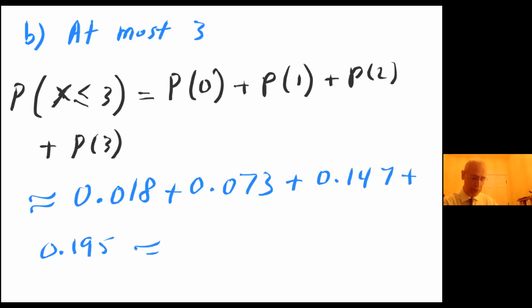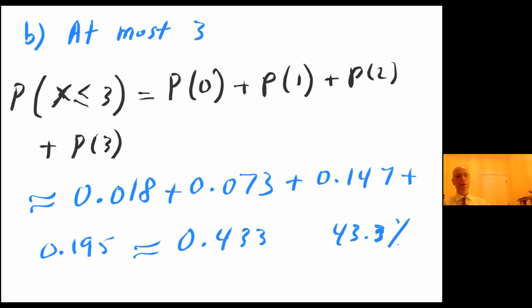I'm going to say almost equal, because I rounded to 3 digits, 0.433 or 43.3%. So the probability of having at most 3 errors is 43.3%.